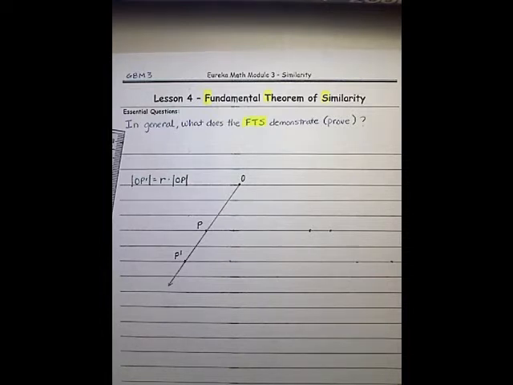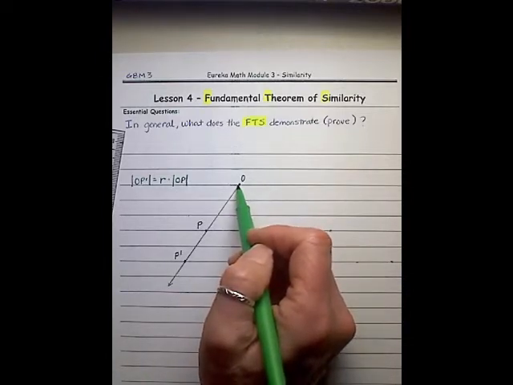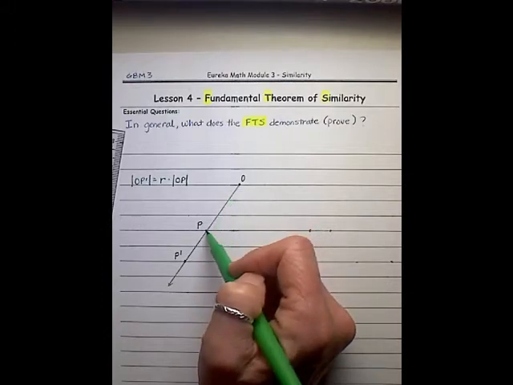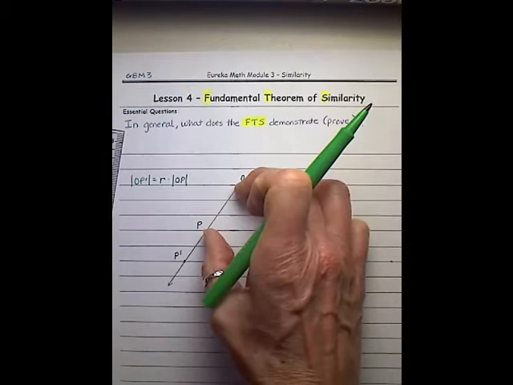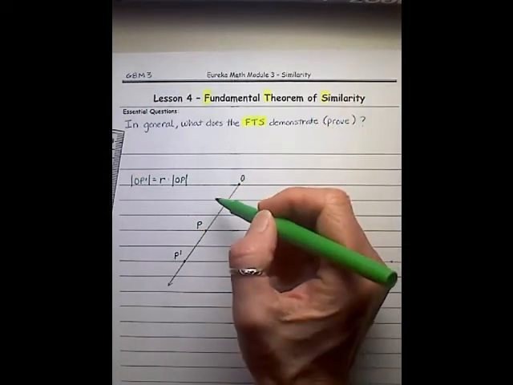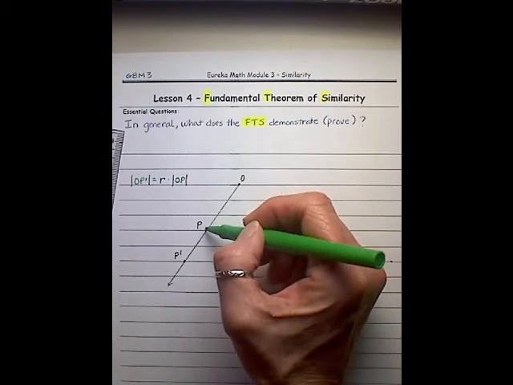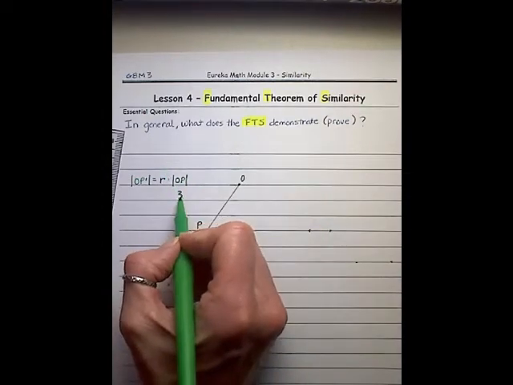Now, let's write down the scale factor that we have obtained. So here we know the length of OP is 1, 2, 3 lines. And we're not measuring the length of the segment. What we're doing is counting how many lines we have gone down. So we have gone down 1, 2, 3 lines, so the length of OP is 3.